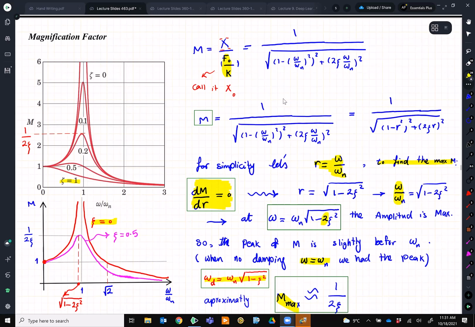Yeah, no, the answer to your question, good question, I don't know. I just look at the math and it shows me that the maximum happens right before omega n. But it will get more interesting because in the next topic we will solve a problem where the maximum happens right after omega n.